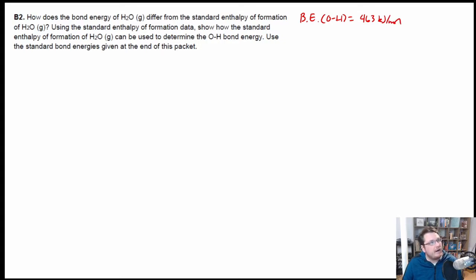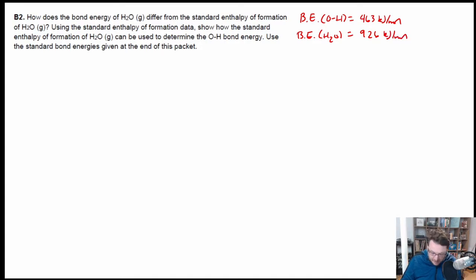That's the bond energy of one OH bond, and H2O has two of those. So overall, the bond energy you would expect to be stored in the bonds of H2O is double that. So that's 463 times 2, which comes out to 926 kilojoules per mole. That's how much energy is stored in those bonds.